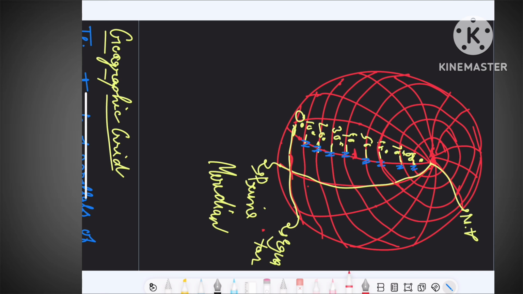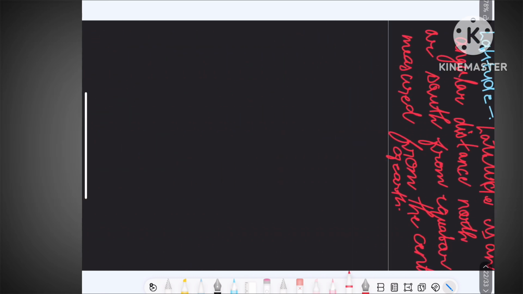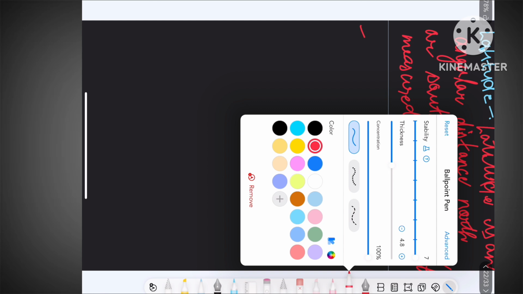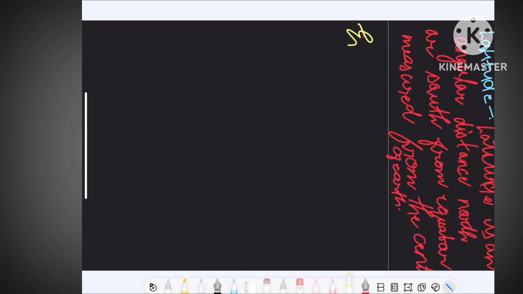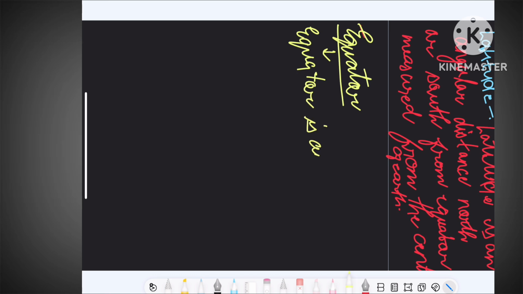Equator. What is it? Equator is an imaginary line that divides the earth into two hemispheres. It means northern and southern hemisphere.